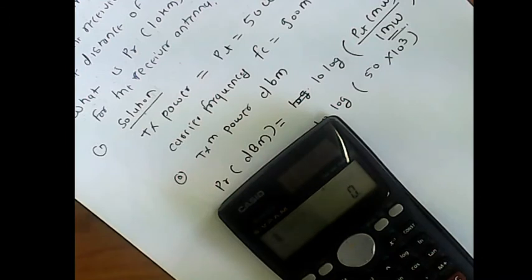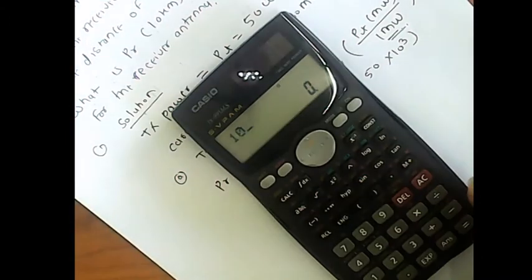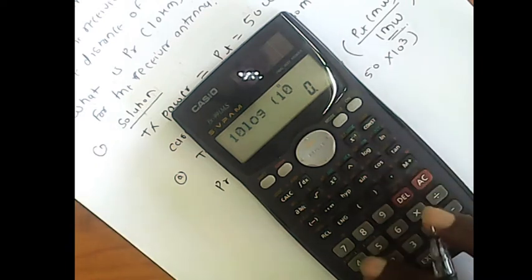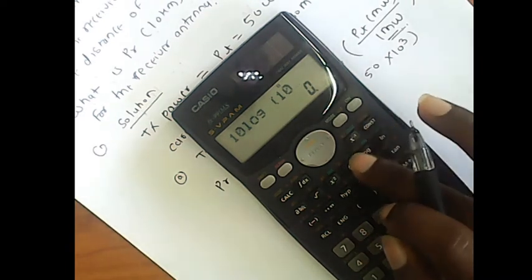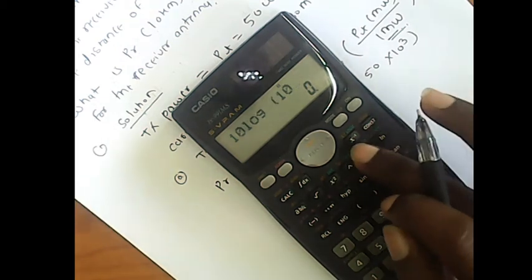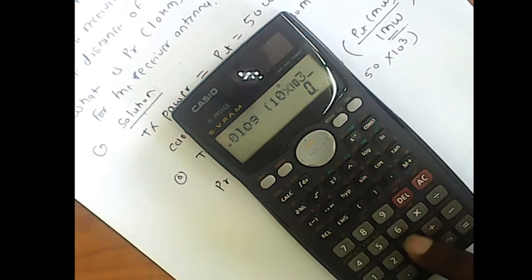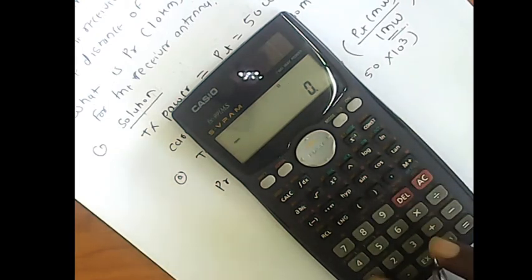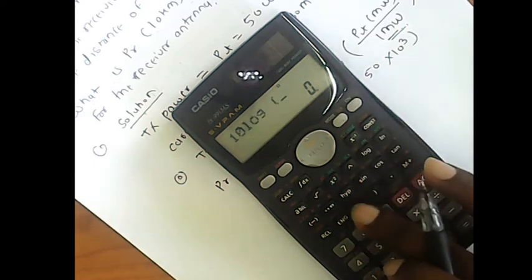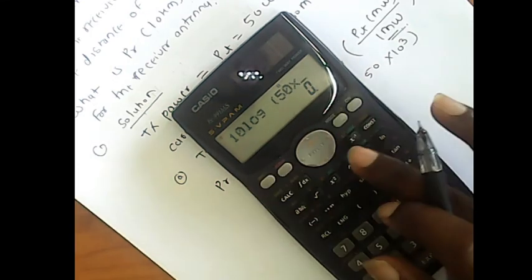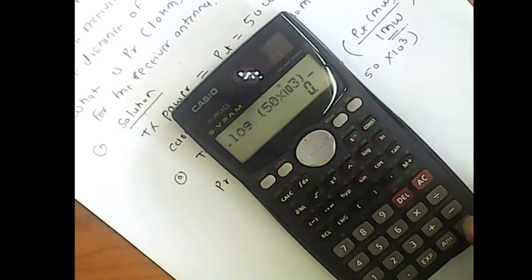So 10 log 50 into 10 raised to power 3, which becomes 47 dBm.